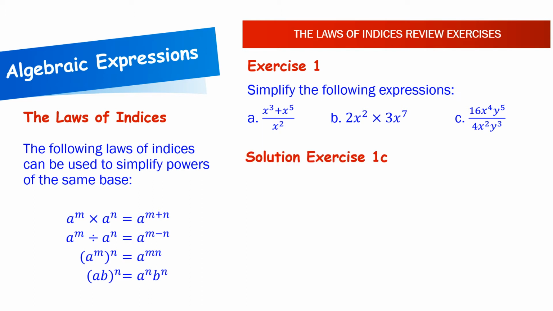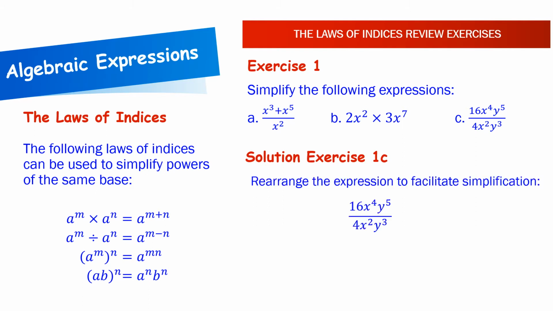And now for exercise 1c. Again, we will rearrange the expression to facilitate simplification. 16 divided by 4 is 4, and leave the rest as they are for the time being. Put the x's together and bring the y's together.